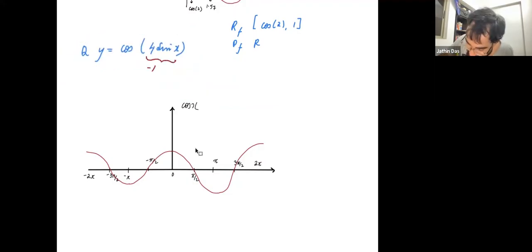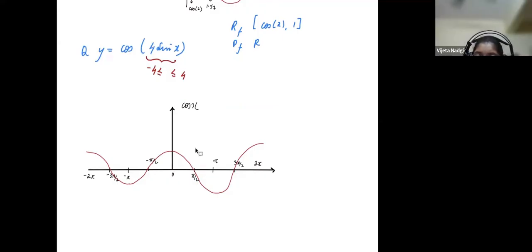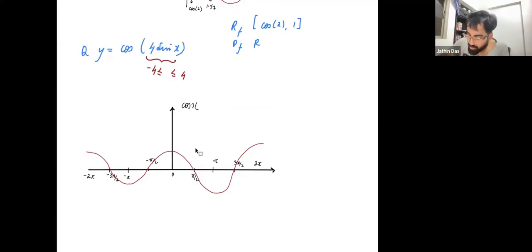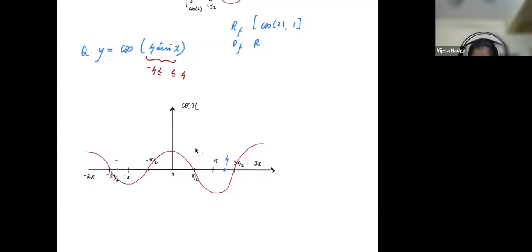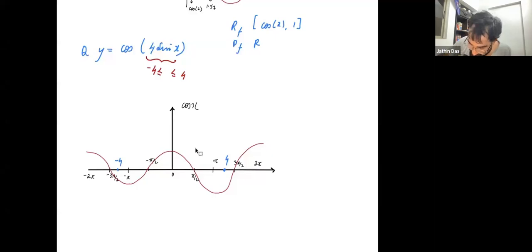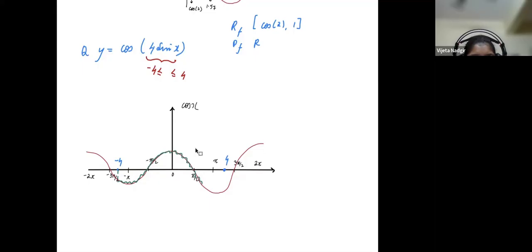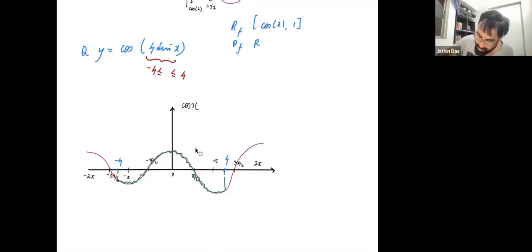This ka range is -4 to 4. So where will be 4? It will be here, and -4 here. So the entire curve will be like this. Now tell me the range. What is the range?